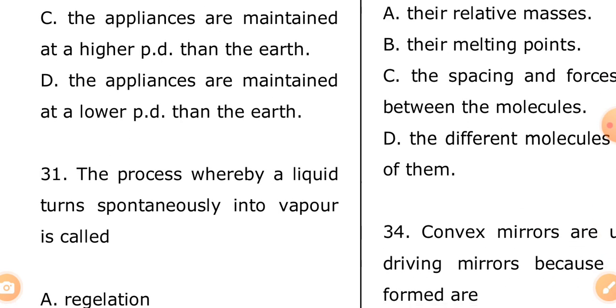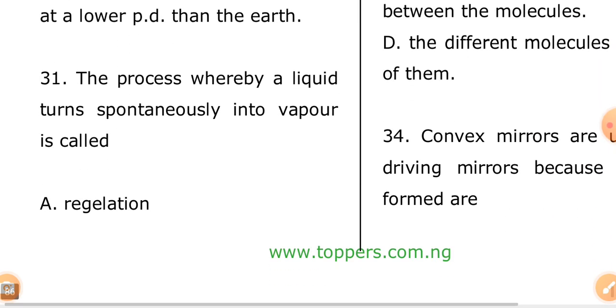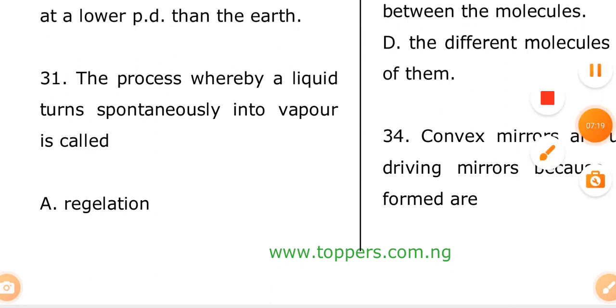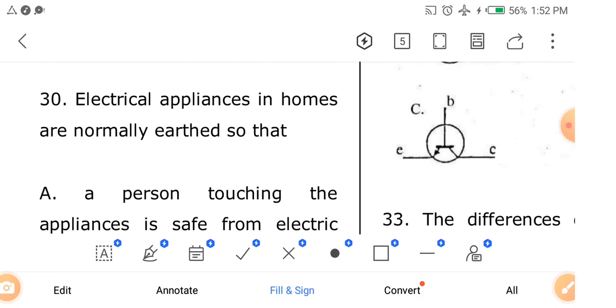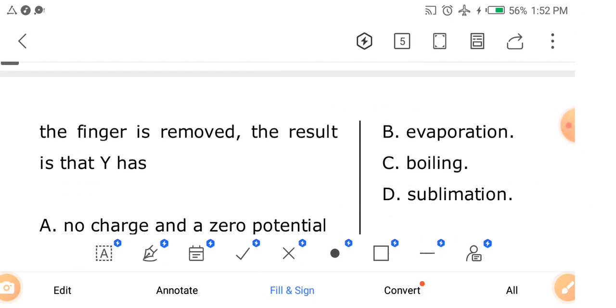Now let's look at question 31. The process whereby a liquid turns spontaneously into vapor is called dash. A. Regelation. B. Evaporation.